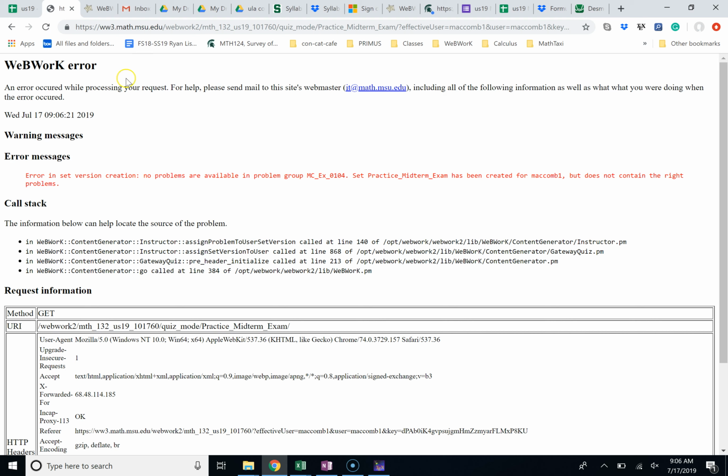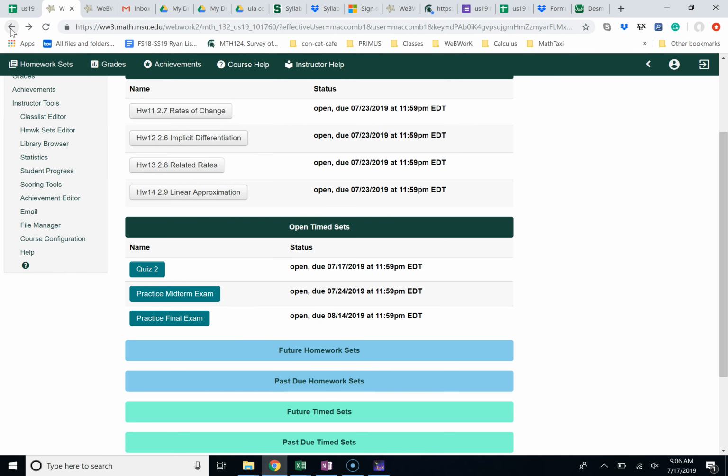Oops, I forgot, I need to enroll myself in there. Sorry, I was going to show it to you, but apparently I can't get into it. But again, I think it's very useful because those problems could show up on the actual midterm exam. So please make sure that you're taking a look at that. That's going to be a great studying resource.